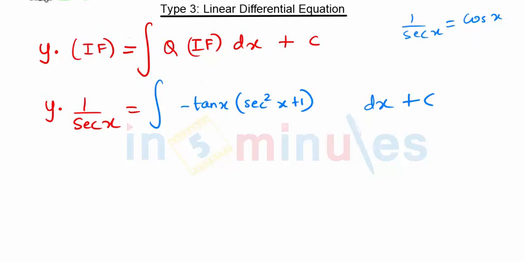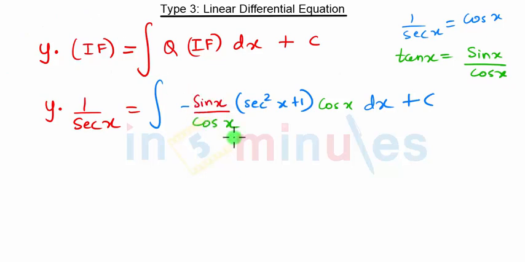So here we write cos x instead of 1 upon sec x, and instead of tan x we can write sin x upon cos x. We are going to replace tan x also. As you can see, we can cancel this cos x, and if we take this sin x inside the bracket, this minus sign is a constant, so we can take it out of the integration sign.